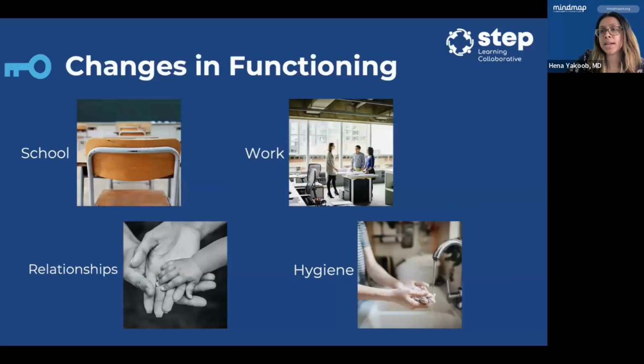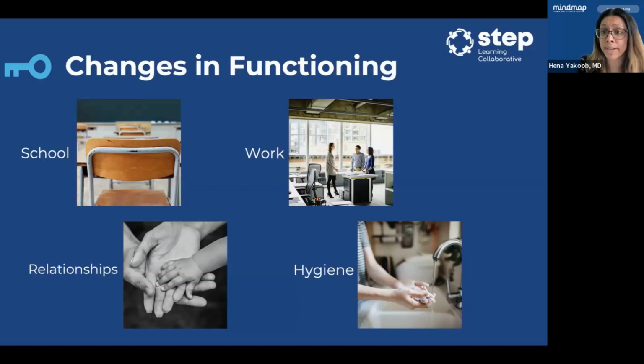So another key piece of history that we would want to obtain would be changes in functioning. And this could be even outside of what's noted on this slide, but these are some of the more common things that we tend to look at when we're thinking about, has the patient's functioning been declining in some way? So school, were they previously a pretty good student and now they seem to be sliding more towards failing grades?